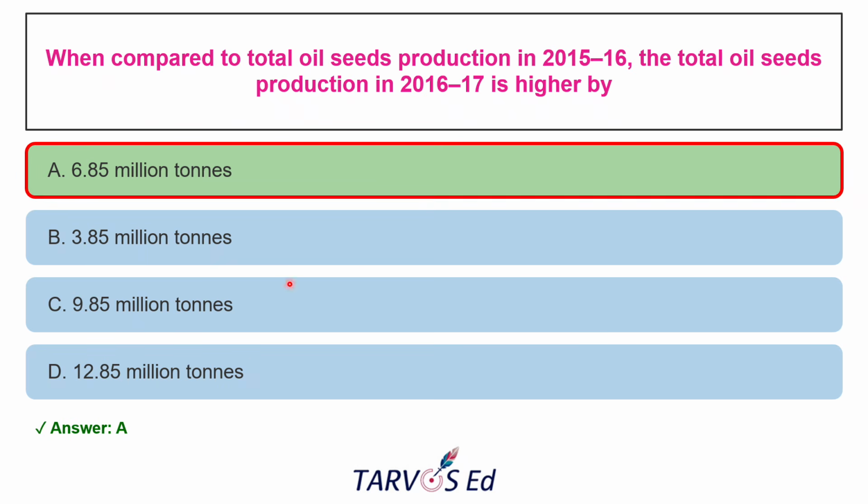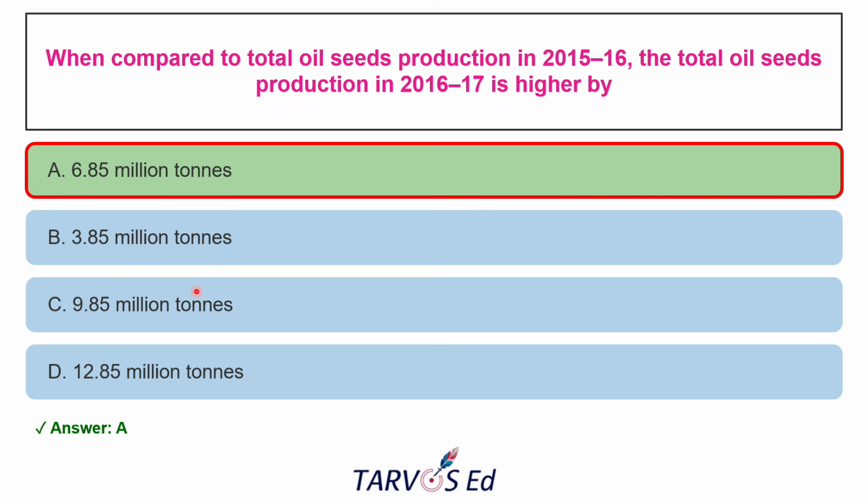And why are the others wrong? The 3.85 is again too low, not a correct answer. And 9.85 is too high, right? That would mean 35 million tons in 2016-17, which didn't happen.